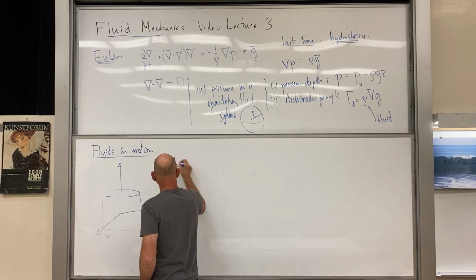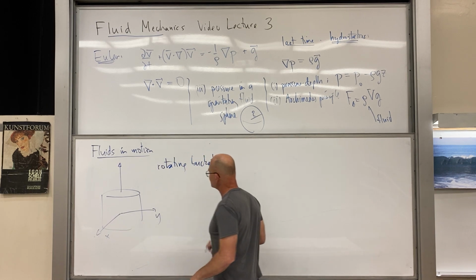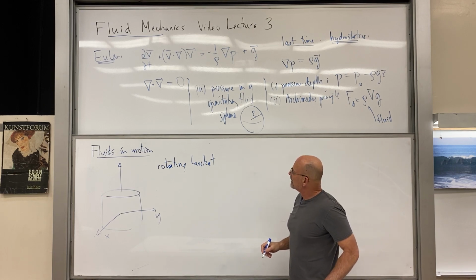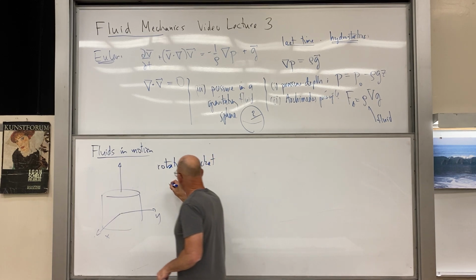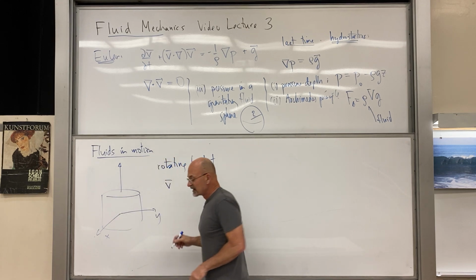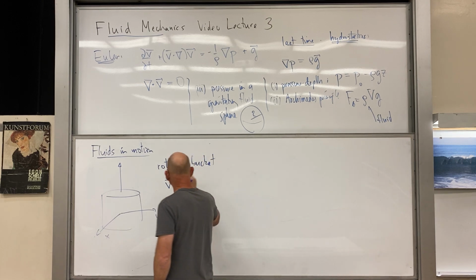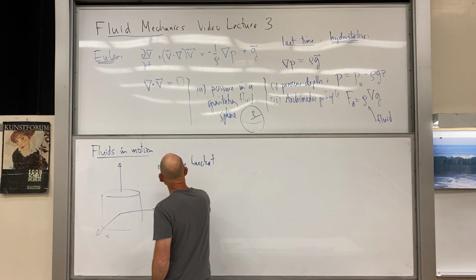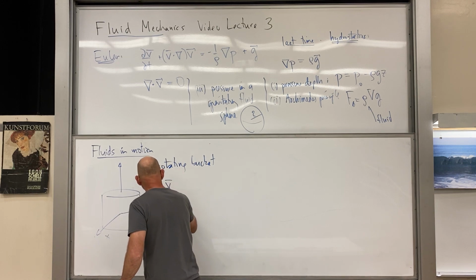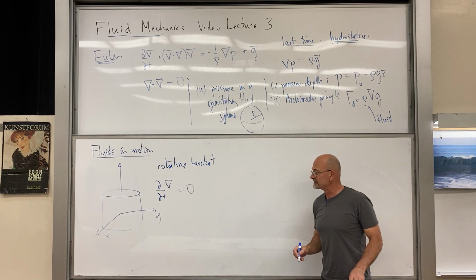So we'll just call it the rotating bucket. And so V is going to be not constant, but time independent. Rotating bucket. So just write dV/dt is equal to 0. So it's a steady state.